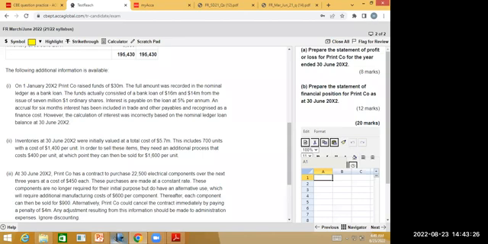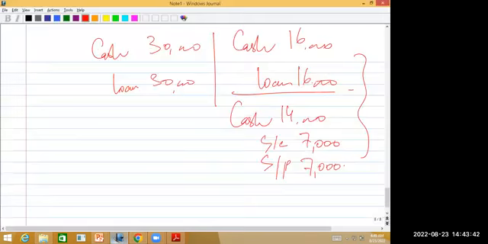After that, interest is payable on the loan at 5% per annum. As an accrual, the 6-month interest has already been included in the trade payables and recognized as a finance cost. So what they have done: 30 million into 5% into 6 by 12, 750.